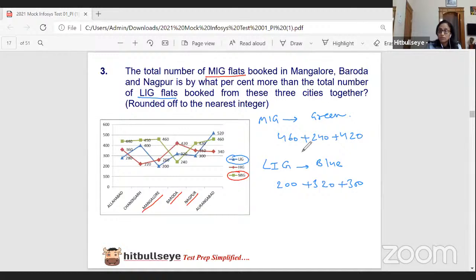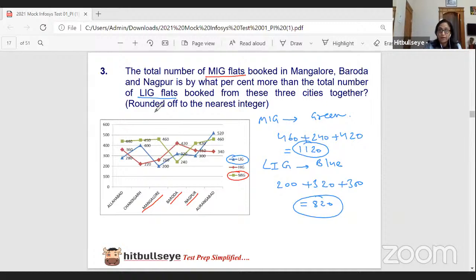Now you have to just find out what percentage difference they have, and comparison with what makes a huge difference. Now you notice that this figure has come out to be 1120 and this figure has come out to be 820. What is being compared with what is extremely important when you're talking about percentages. The language of the question was MIG is what percentage more than LIG.